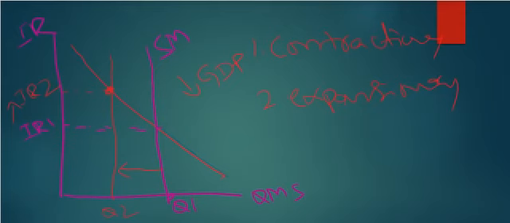So now let's look at expansionary monetary policy, where the central bank has decided to increase the quantity, that is Q3, and now you can see the equilibrium point. Now the interest rate is reduced. So why is the interest rate reduced?